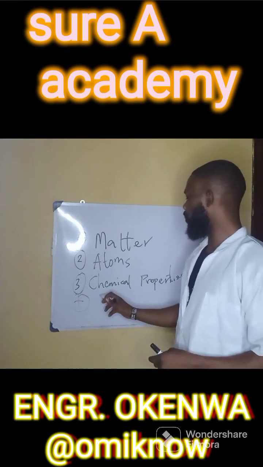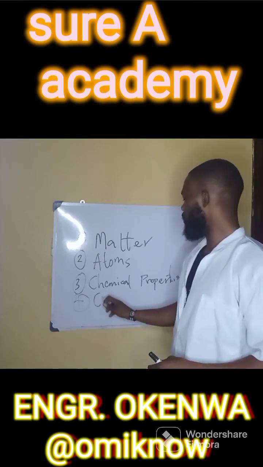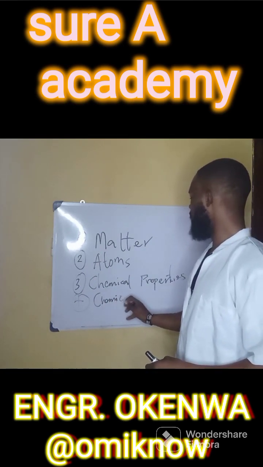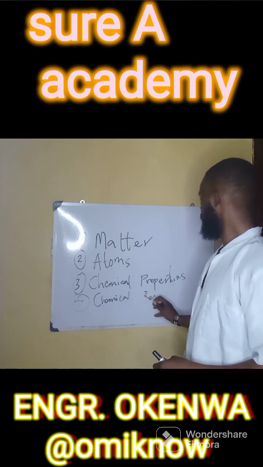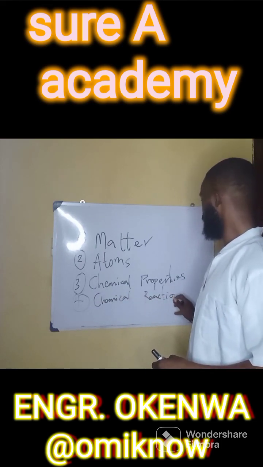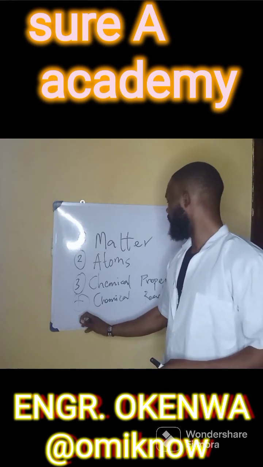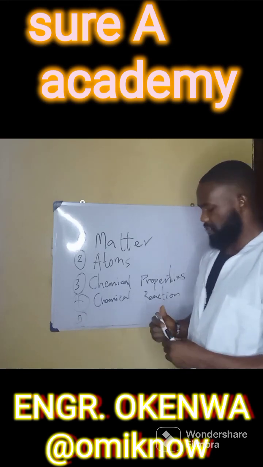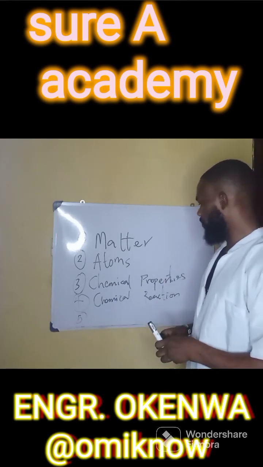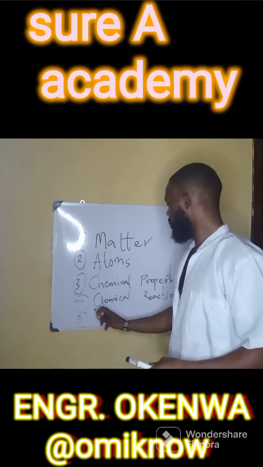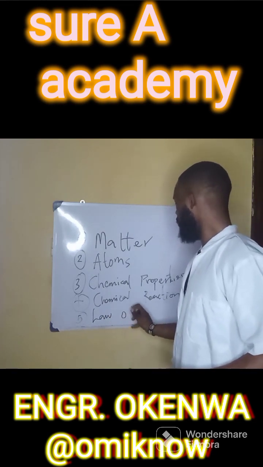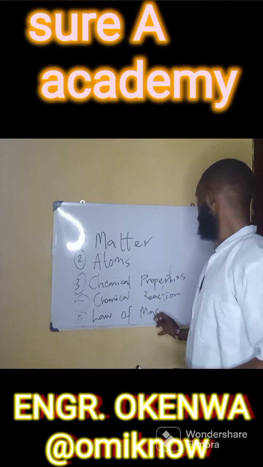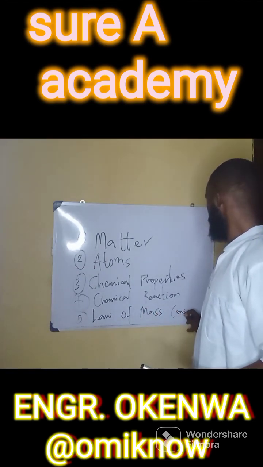Then the fourth thing that his theory centered on was chemical reaction. The fifth thing his theory focused on was the law of mass conservation.